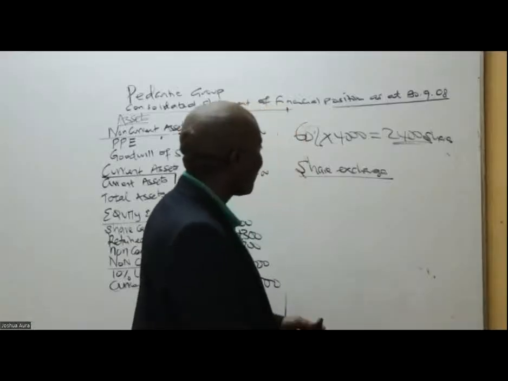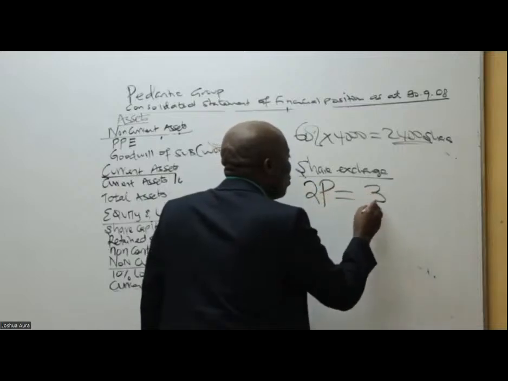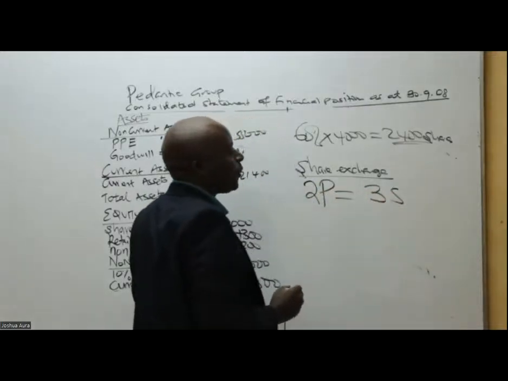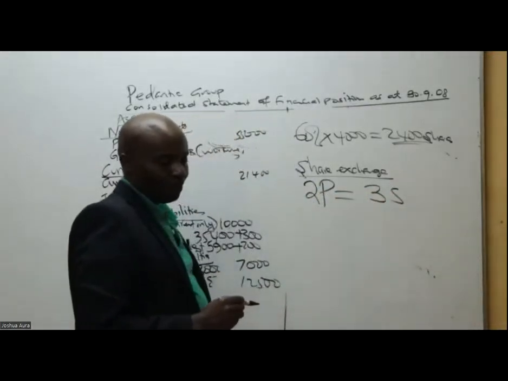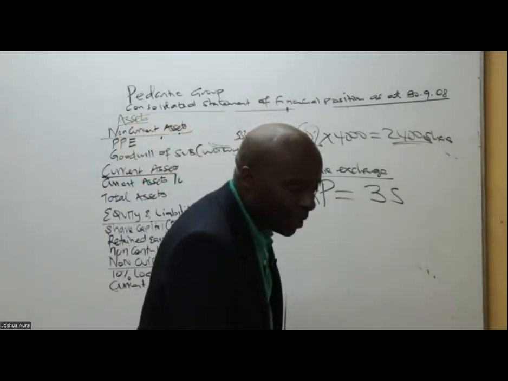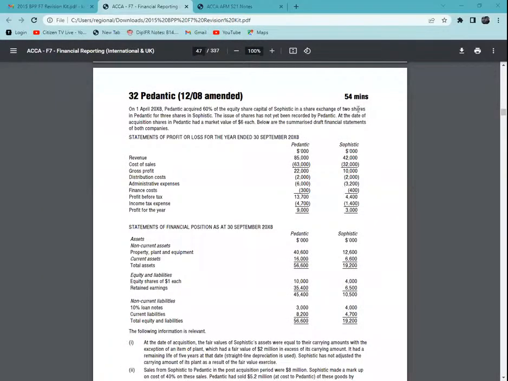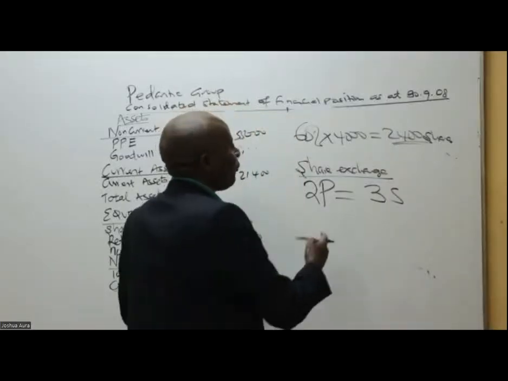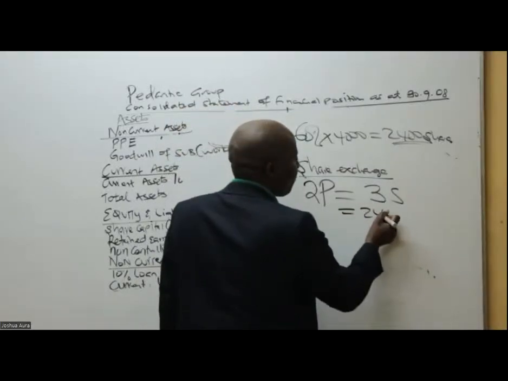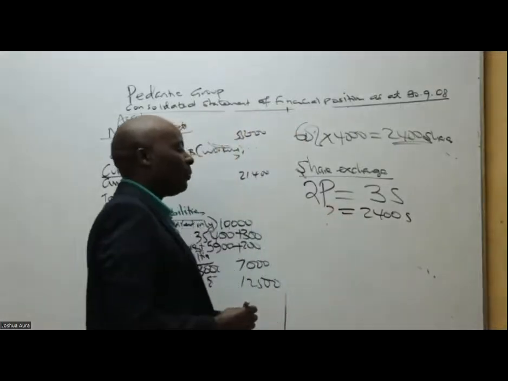I love this. 2 shares of Pedantic equals 3 shares of Sophistic. And we are aware that we bought 2,400 shares of Sophistic. 2,400 shares of Sophistic then will be equivalent to how many shares of the parent company?